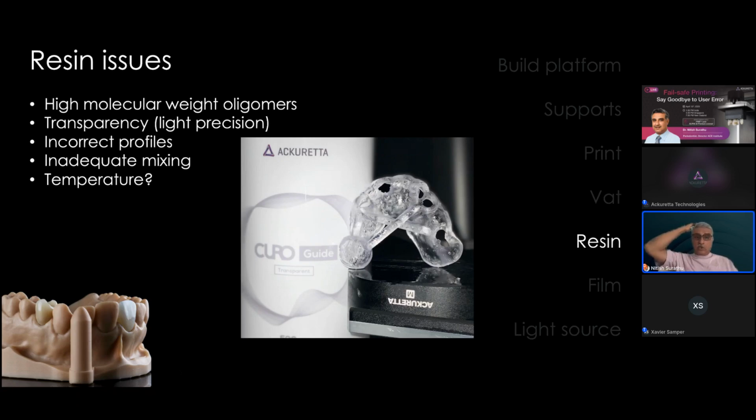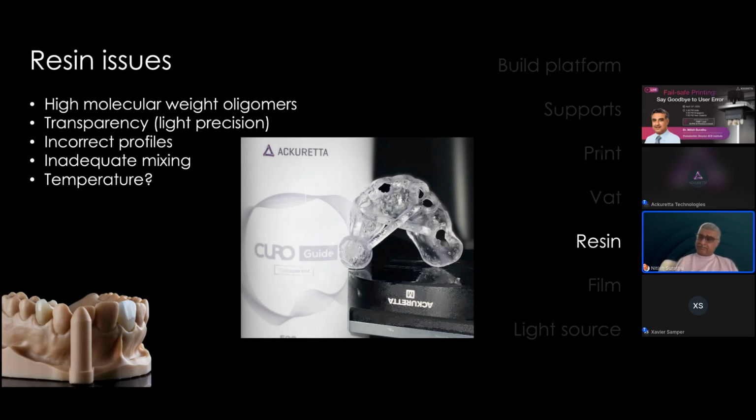Now, these resins also need mixing. And if you put them into a vat without mixing them, especially if they have fillers sometimes, that can be a problem as well. So if you have fillers, the fillers can stay suspended at the bottom of the bottle, and if you haven't mixed the bottle properly, it's sometimes a situation where you don't pour out a consistent resin mixture.